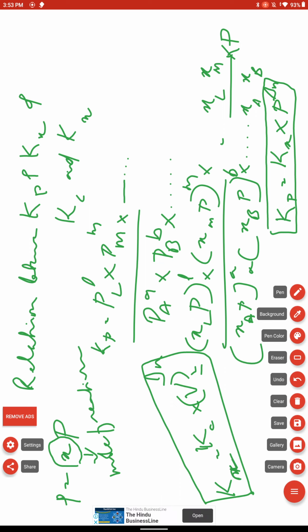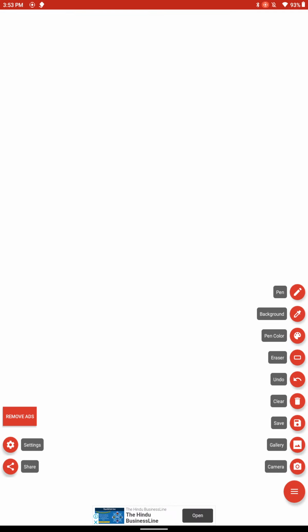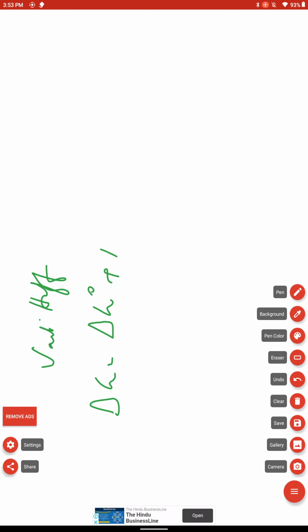What else did we study? Then we have gone through Van't Hoff's reaction isotherm equation, Van't Hoff's reaction isotherm, and the law of chemical equilibrium. We write the term delta G is equal to delta G0 plus RT ln Q. What is Q?